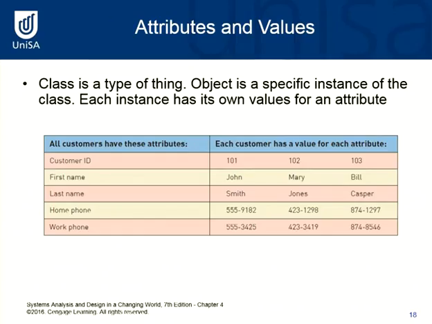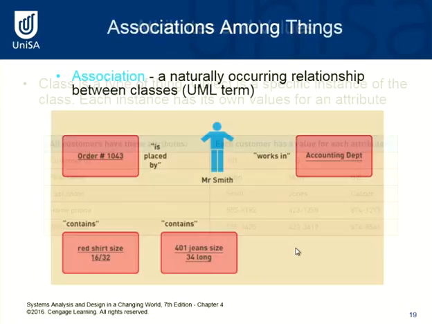We can see there that we have the attributes filled out for each customer, going down. And we have 3 specific customers listed in this scenario: John Smith, Mary Jones and Bill Casper, with their own unique identifier and various phone numbers.